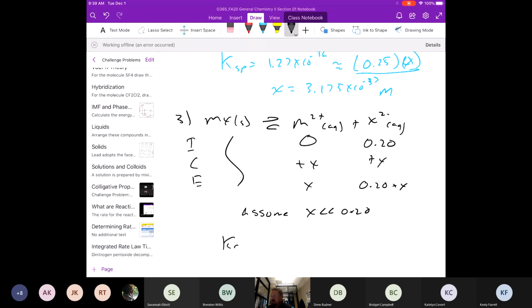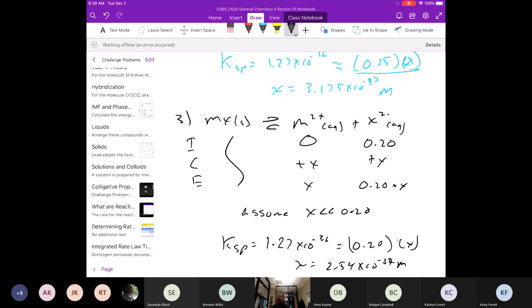So our Ksp is going to be 1.27 times 10 to the negative 36, equal to 0.20 times X. So X here would be 2.54 times 10 to the negative 37th molar.